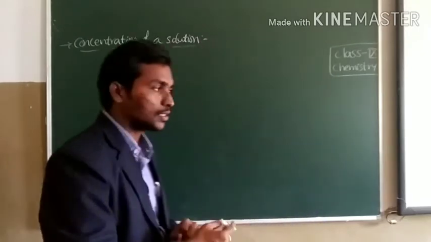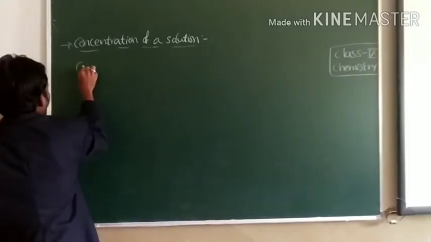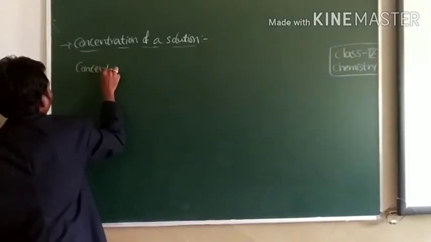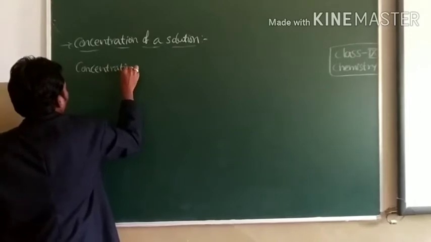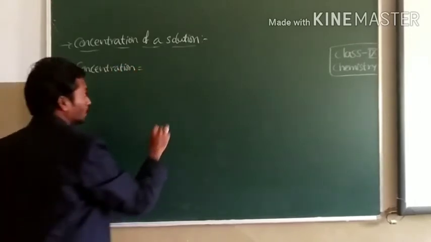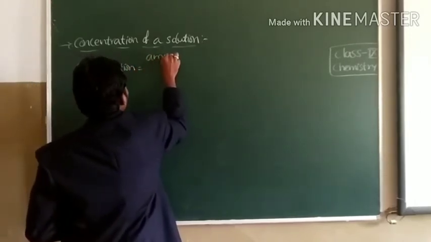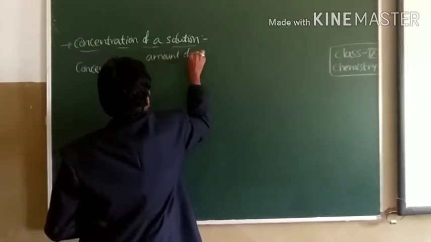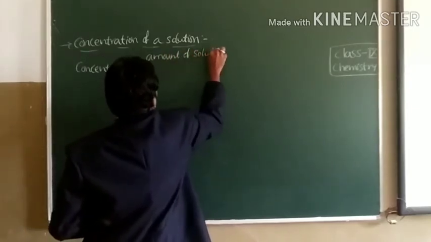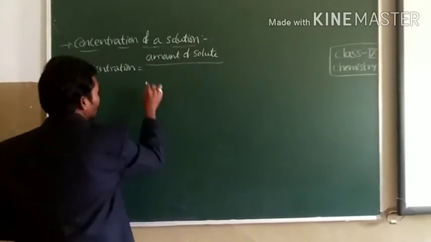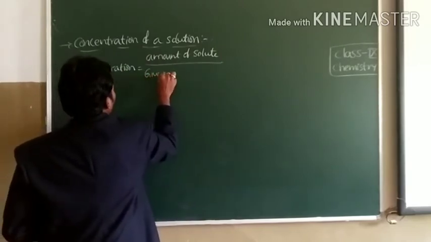The formula of concentration is something like this. Concentration is equal to the amount of solute over the given volume of solution.